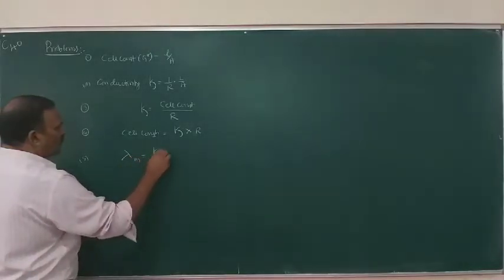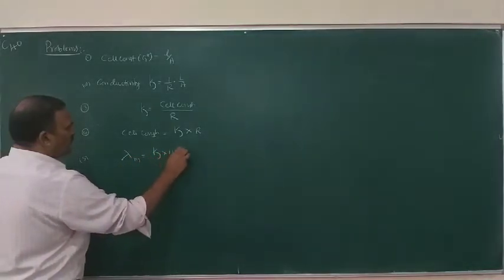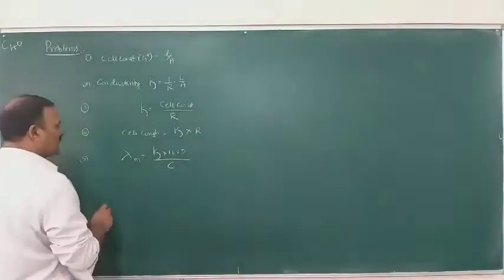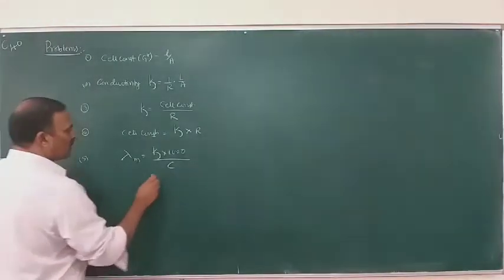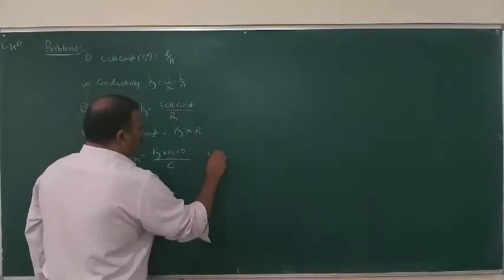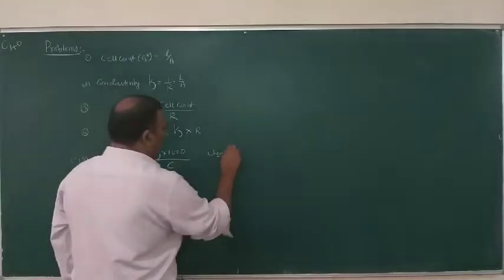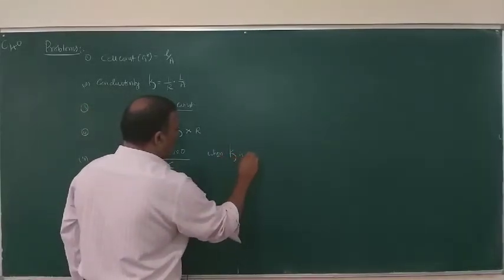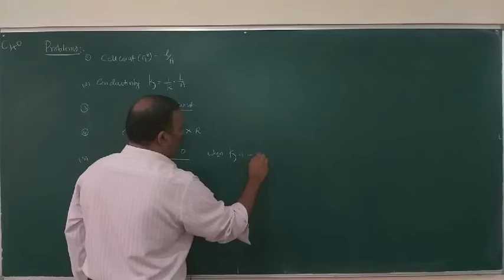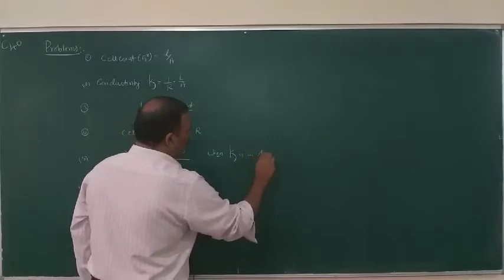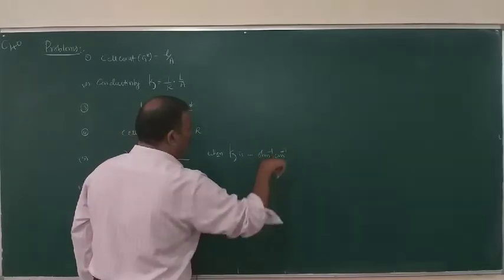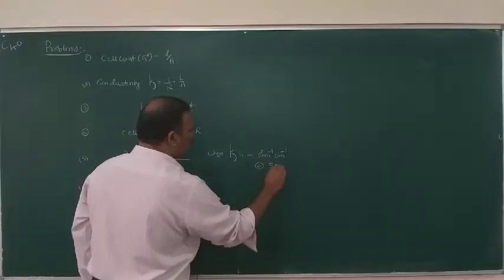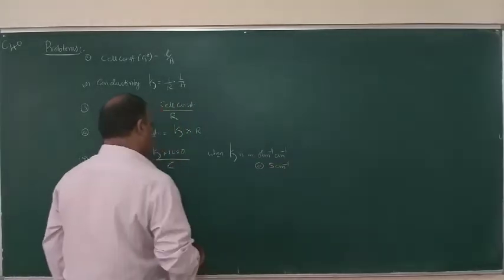And number 5, lambda m is equal to kappa into 1000 divided by c. You have to use this formula when kappa is in ohm minus 1 centimeter minus 1 or Siemens centimeter minus 1.